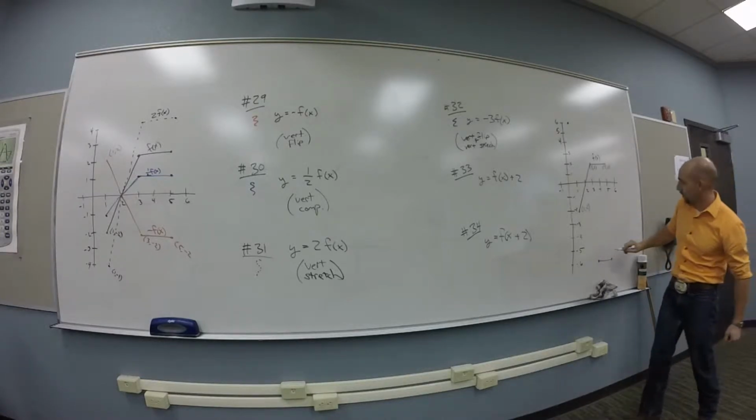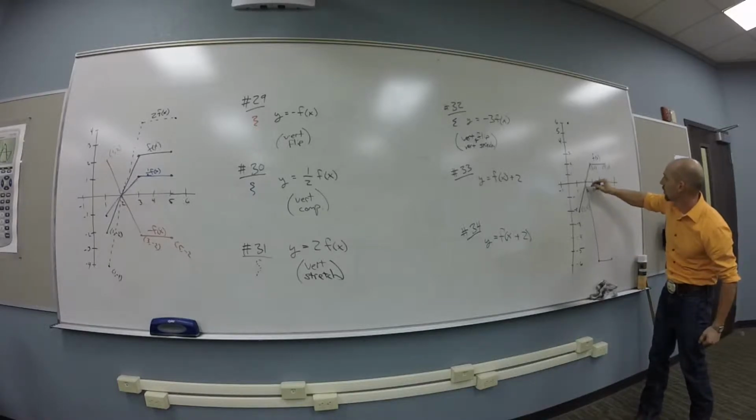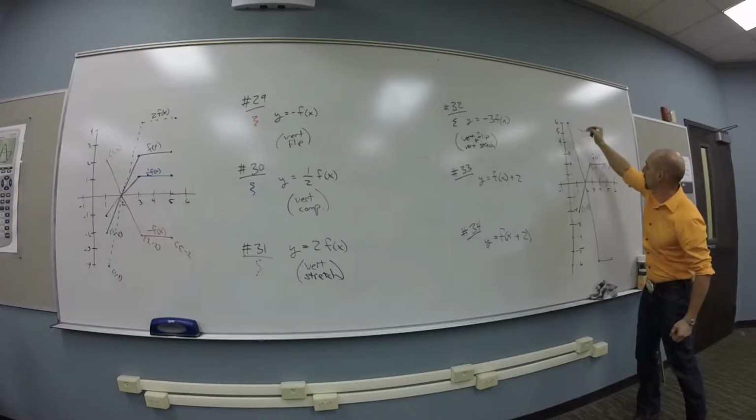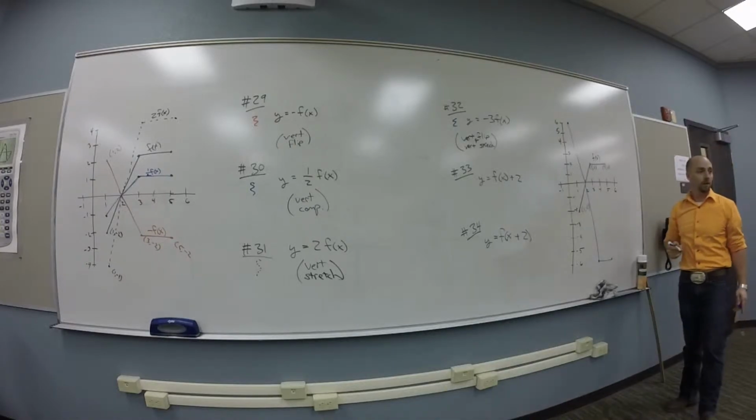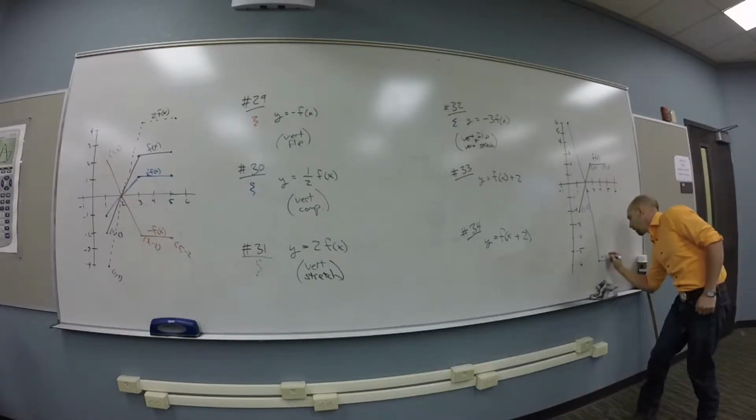The other one is going to be kind of hard to get right. You guys will have to forgive me about the not straightness of that line. Okay, and what should that get labeled? -3f. Cool.